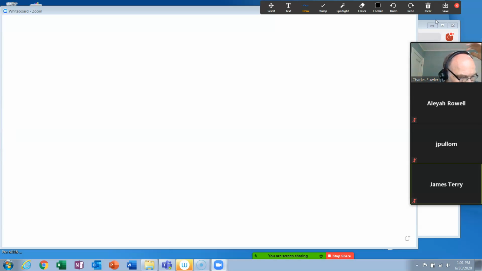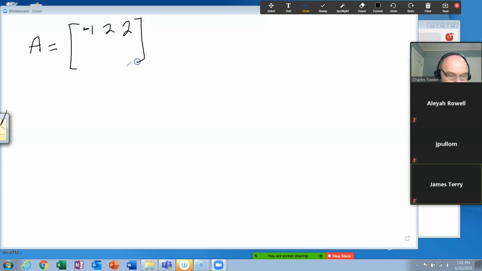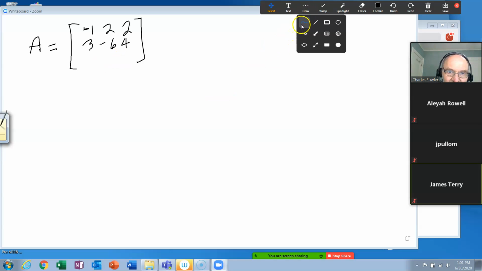We got 14 minutes, so let's see if we can get the determinant of A here. Here is A, and that's the matrix negative 1, 2, 2, 3, negative 6, 4, and 5, 5, negative 10, negative 3.